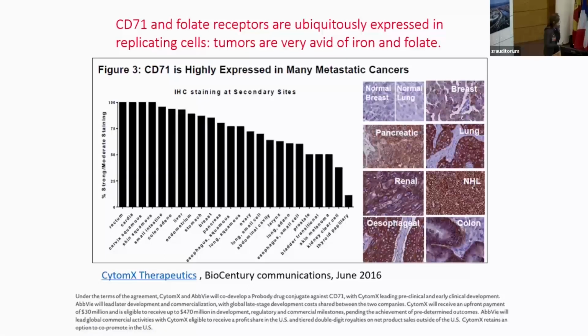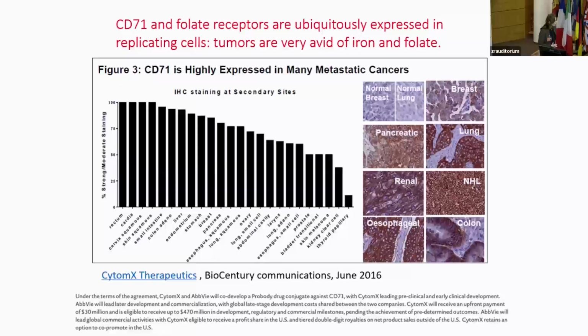So as shown in these slides, a huge number of cell lines, malignant cell lines, as you can see, this is a staining for the CD71, the transferrin receptor. In normal breast, normal lung, the staining is very poor.